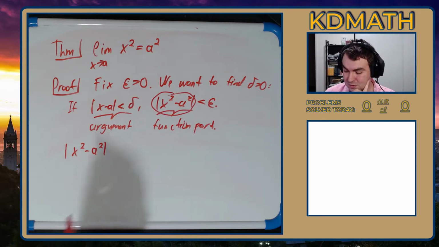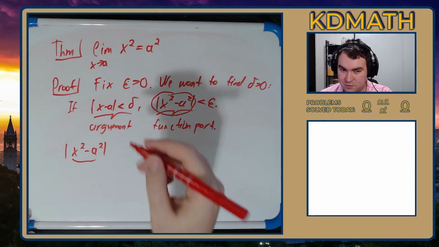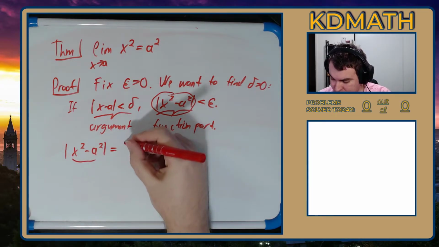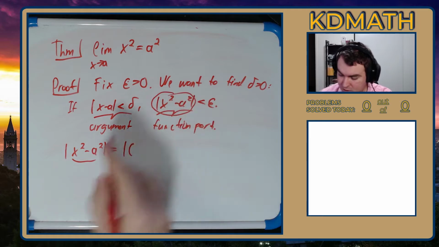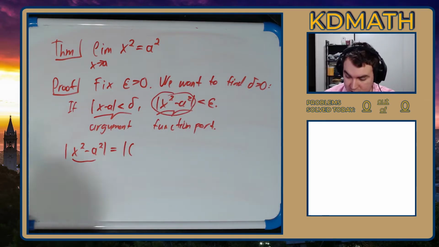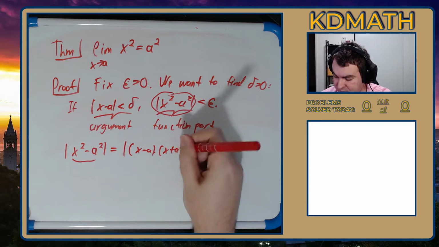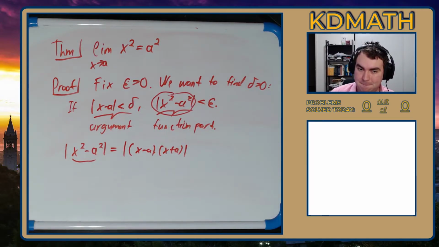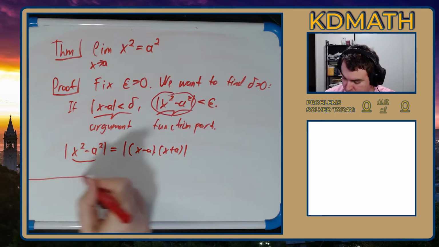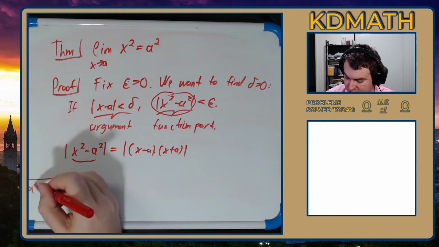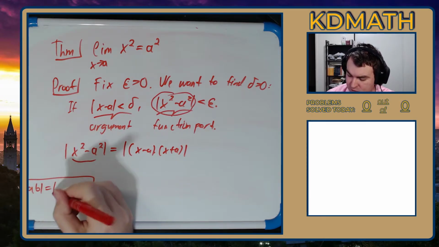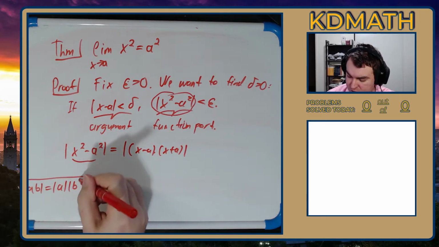Okay. So now let's factor this, but we can't factor it just yet completely, so we'll just keep it in the absolute values. Well, x squared minus a squared is x minus a times x plus a. Right? Well, now we're just going to make a small box here to say that the absolute value of a times b equals the absolute value of a times the absolute value of b.